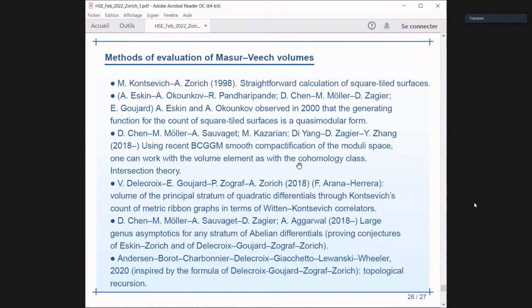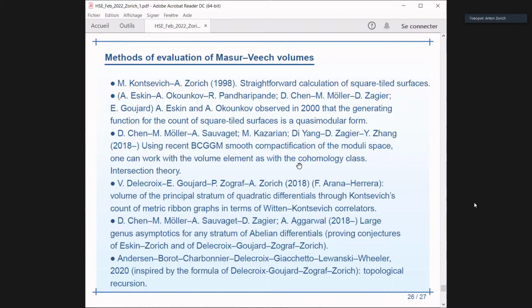So they made very serious advance through intersection numbers. So now for volumes of strata of abelian differentials, really, basically all reasonable questions are answered. For quadratic differentials, for the principal stratum, there is a relatively efficient way, which I suggested, through these intersection numbers and stable graphs, and asymptotics is obtained by Amol Agarwal.